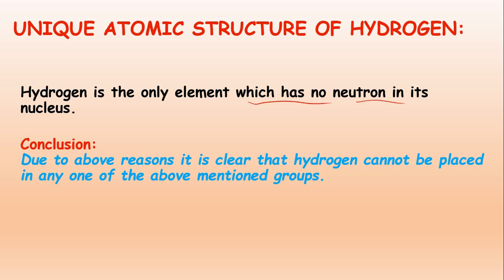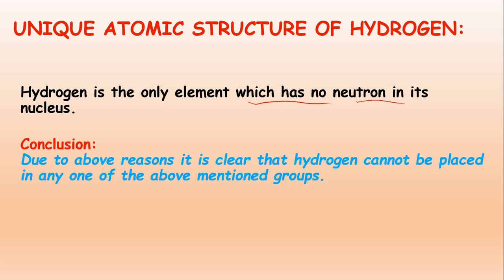Conclusion: due to the above reasons, as we have discussed in the above slides, similarities and differences, it is very clear that hydrogen cannot be placed in any one of the above mentioned groups, because at the same time hydrogen has similarities and at the same time it also has differences.